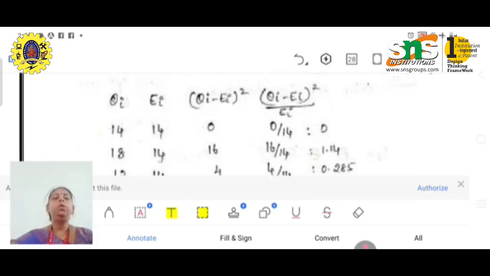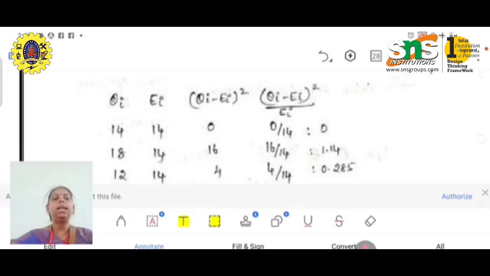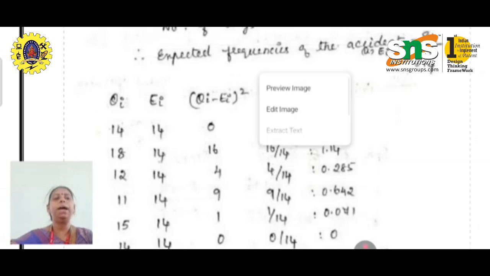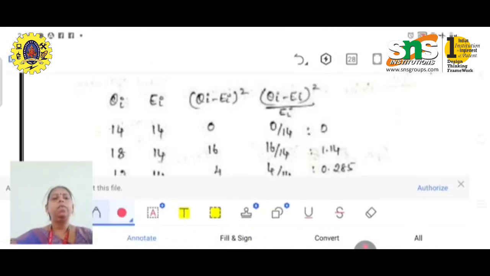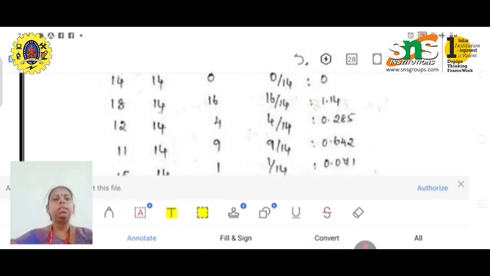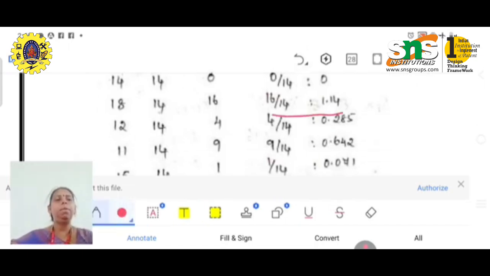In the next column you calculate (OI minus EI) whole square divided by EI. The first one, 0 by 14, gives 0. The next one is 16 by 14, which is 1.14. The next entry is 4 by 14, which is 0.285.